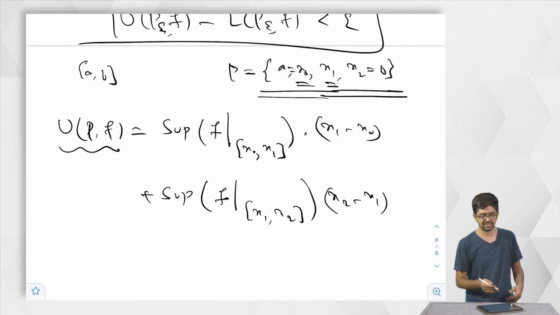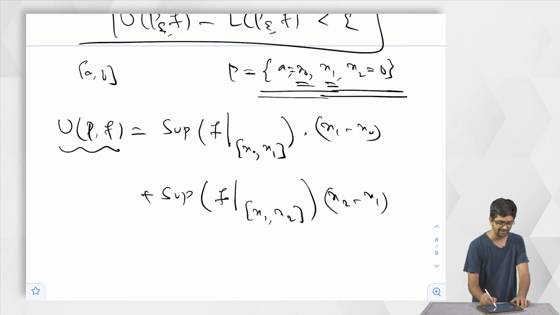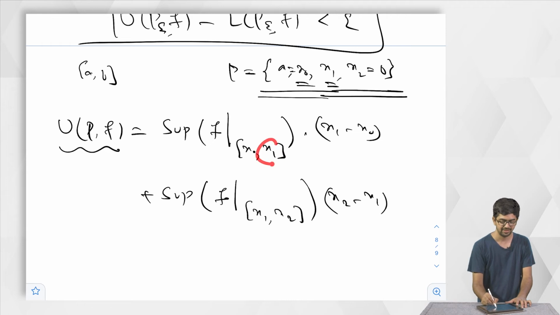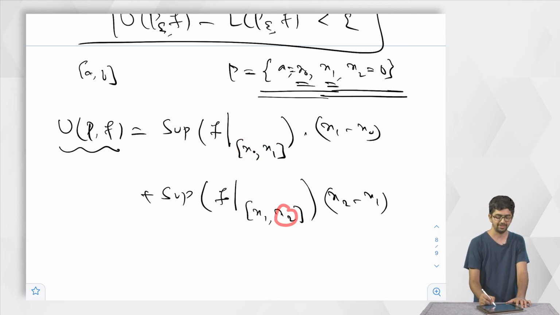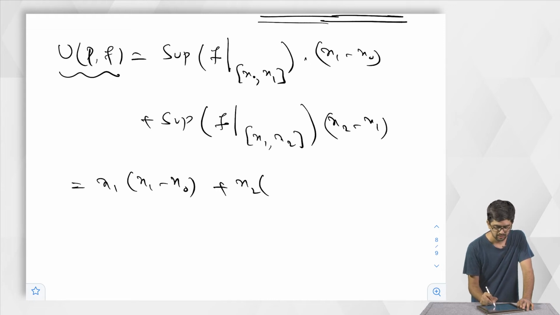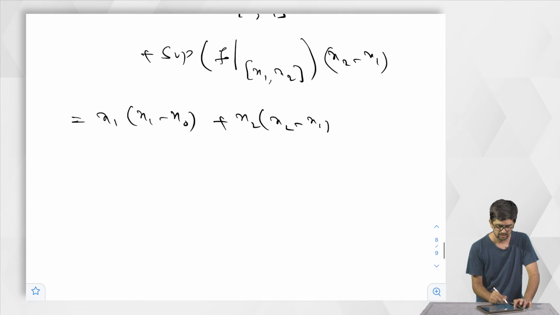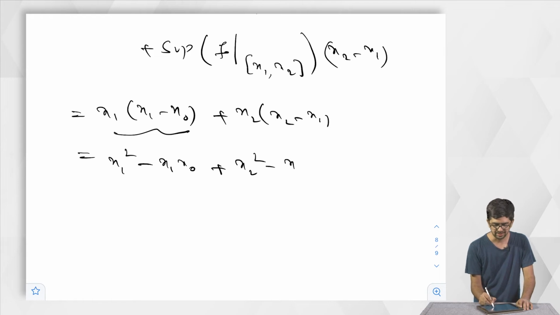Now because f is the identity function, the supremum of f restricted to an interval is just the right end element of this interval. Here it is x1, infimum will be x0, similarly here supremum will be x2, infimum will be x1. So let us write that down: that is equal to x1 times x1 minus x0 plus x2 times x2 minus x1. Let us finish this computation. What is this? x1 square minus x1 x0 plus x2 square minus x2 x1.